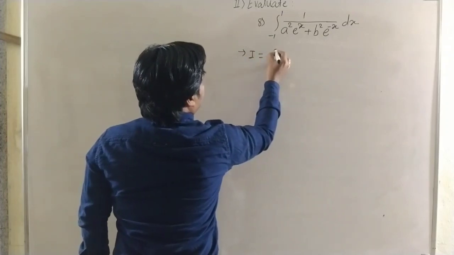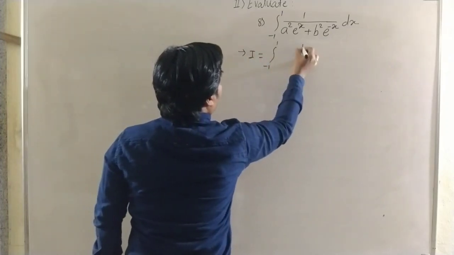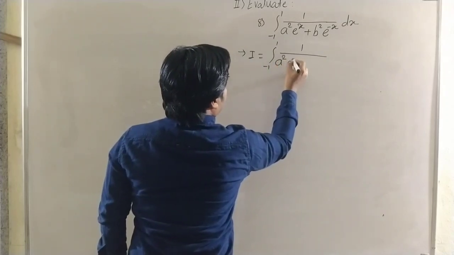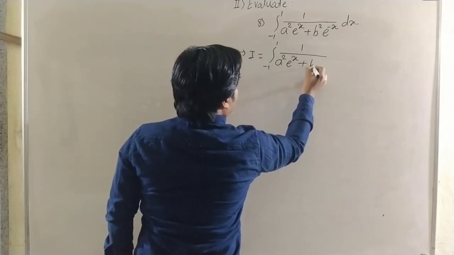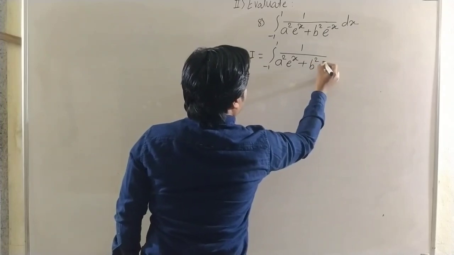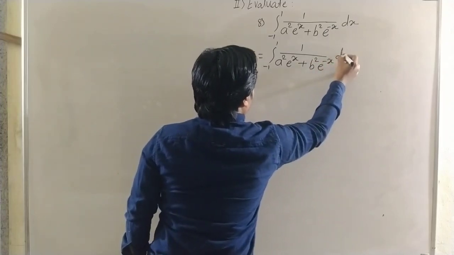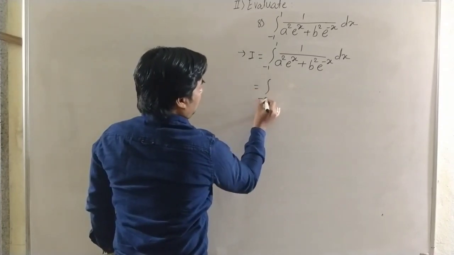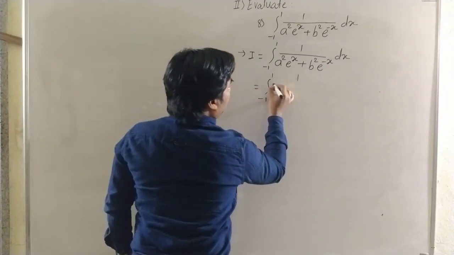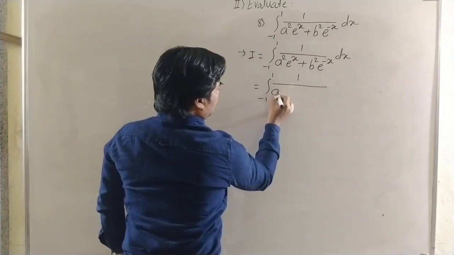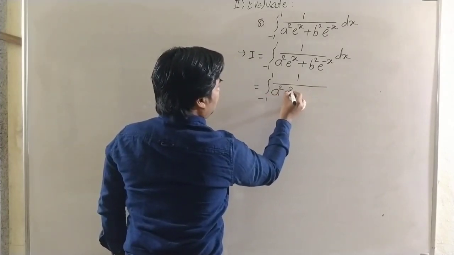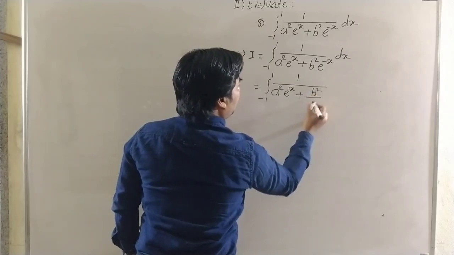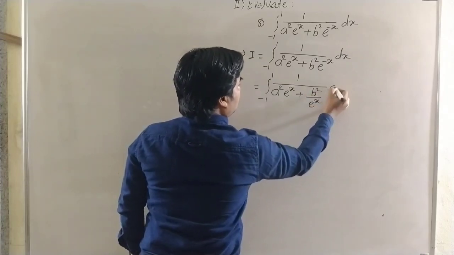Okay, now the integral is equal to minus 1 to 1 upon a square e raised to x plus b square e raised to minus x. Okay, first we simplify this. Integral minus 1 to 1 upon a square e raised to x plus here it is b square upon e raised to x.